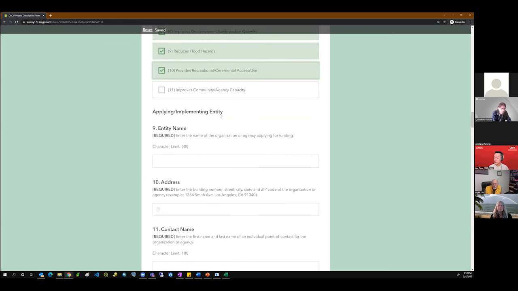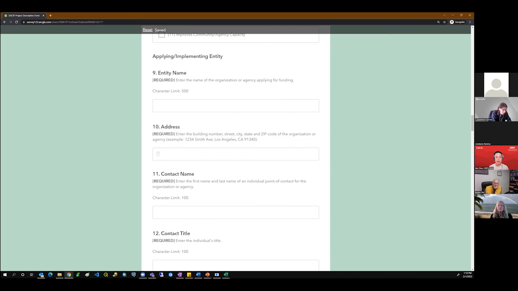The next few questions are asking about the applicant that is seeking funding. So question 9 is the name of the organization or agency applying for funding. And this morning session and the manual will also identify the eligible applicant types for funding. So if you have any questions about whether or not your organization is eligible, please refer to those resources. For this example, the entity is the public agency, so it is the city of Greentown. So we're going to put that here.